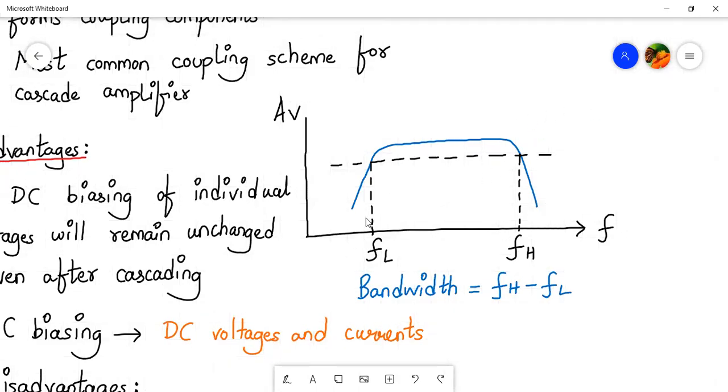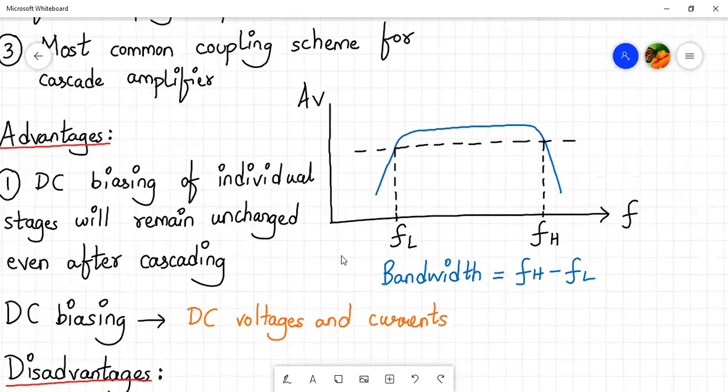As you can see, at lower frequencies the gain will fall down, and the reason for it is the RC coupling mechanism. And this is the bandwidth. So the bandwidth of RC coupled amplifiers is slightly lower as compared to directly coupled amplifiers. So this is the disadvantage of RC coupling.